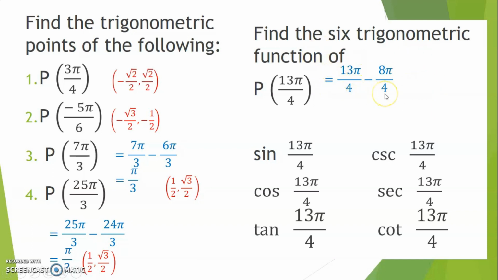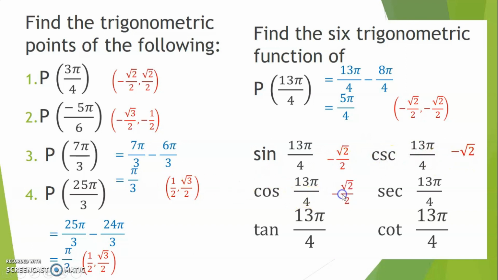So 13 minus 8 gives you 5 pi over 4, and this is located in the third quadrant. So the coordinates are negative square root of 2 over 2 and negative square root of 2 over 2. So sine 13 pi over 4 is the value for y, which is negative square root of 2 over 2. The inverse of this, cosecant, is negative square root of 2.